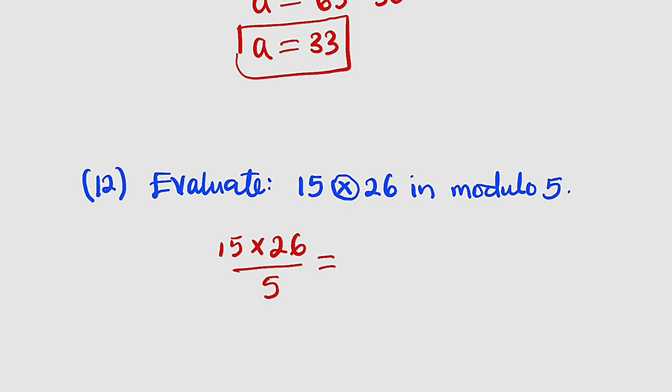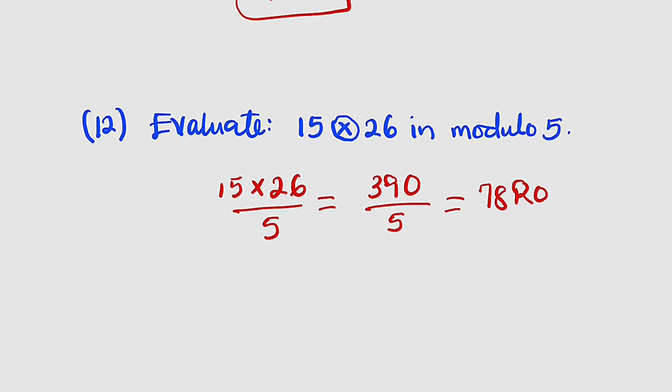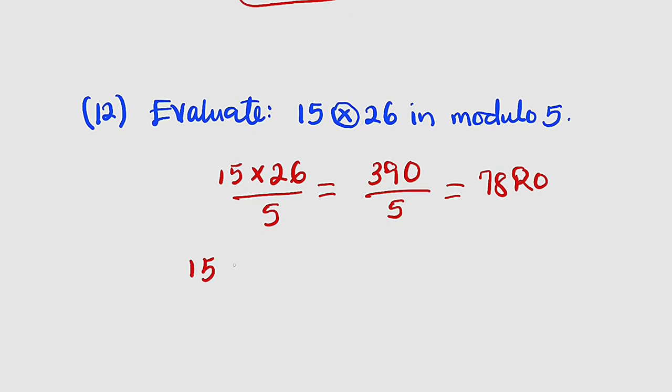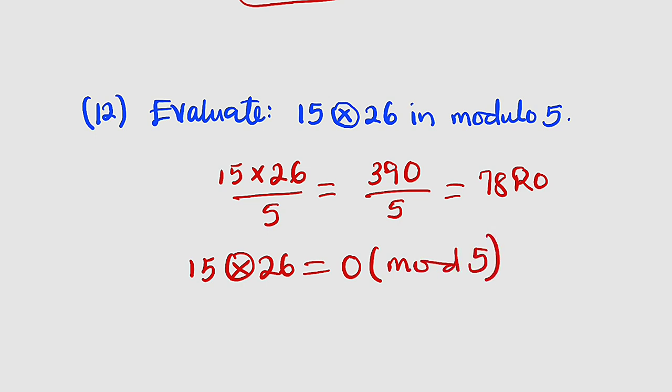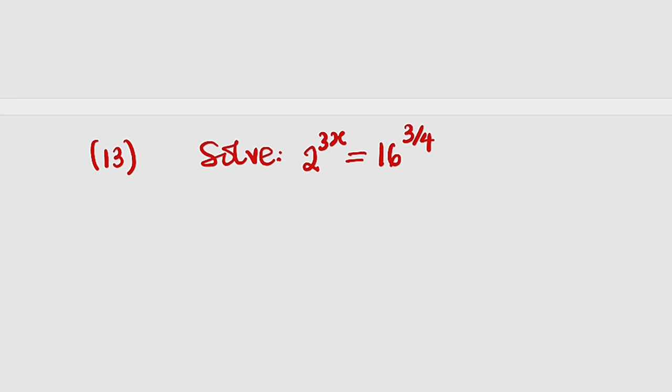And 15 multiplied by 26 is equal to 390 divided by 5. This is equal to 78 with no remainder. Therefore, we say that 15 multiplied by 26 is equal to 0 in mod 5. Let us move on to question number 13.